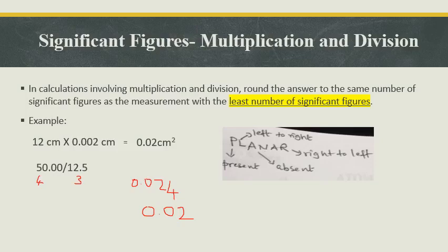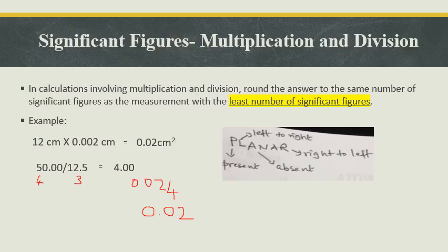So we can do a mental math here. What I will do first, I will think about 12.5 is half of 25. So 50 divided by 25 is 2. So 50 divided by half of 25, which is 12.5, is an easy mental math. It's 4, but I cannot just write 4 in order to make it correct with the significant digits.